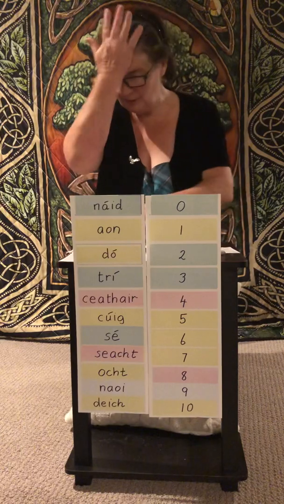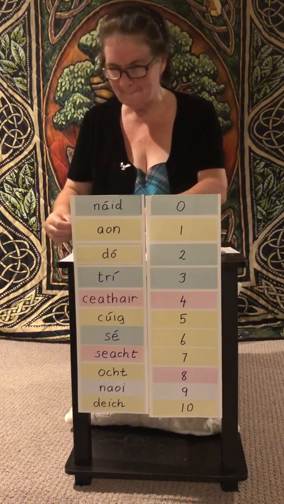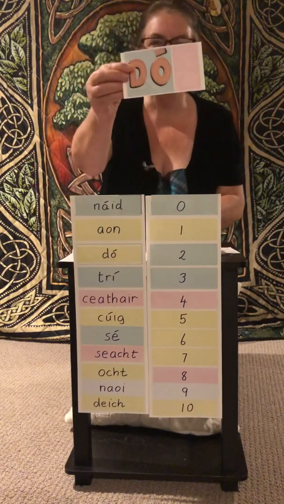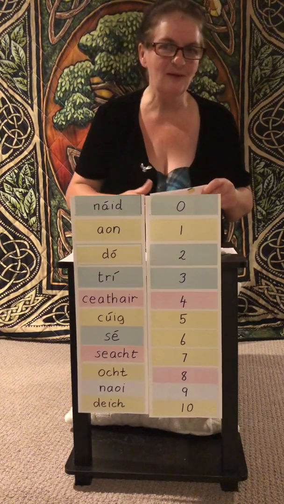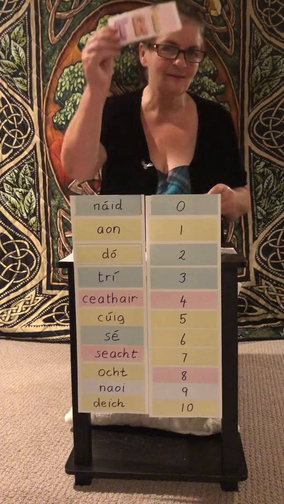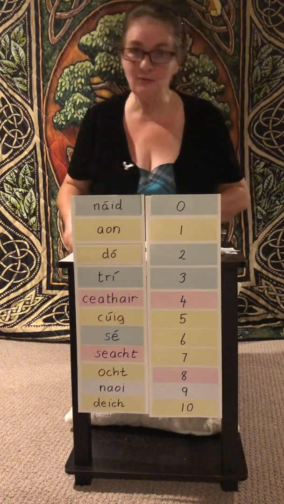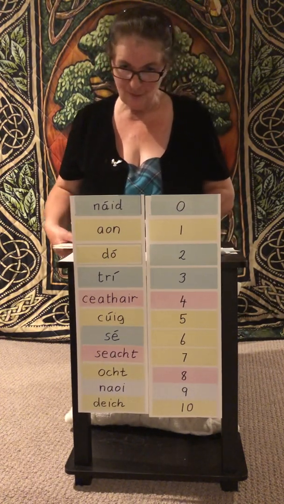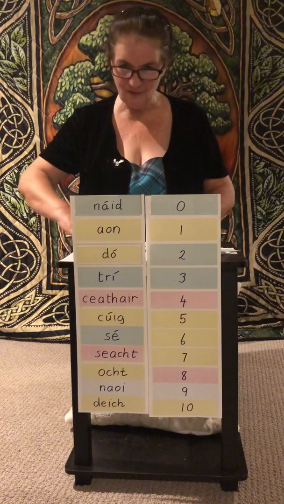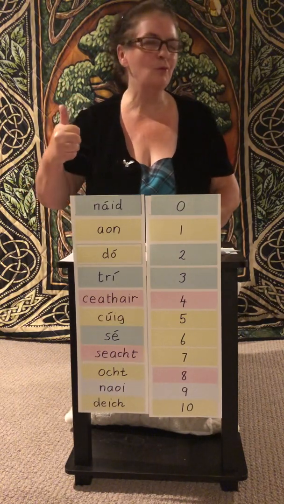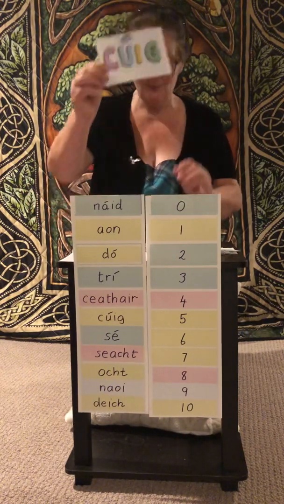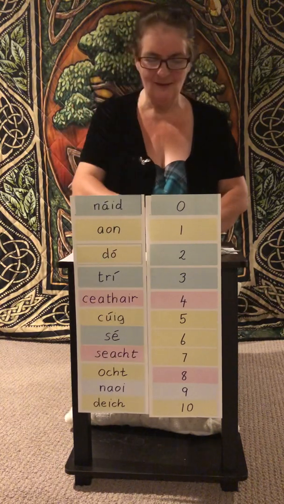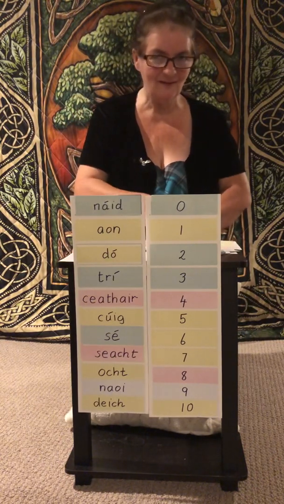Do you remember number 2? Do. Do you remember number 3? Tree. We skipped number 4. 5 was halfway through. Do you remember what 5 was? It was cool. Cúig. Do you remember number 6?